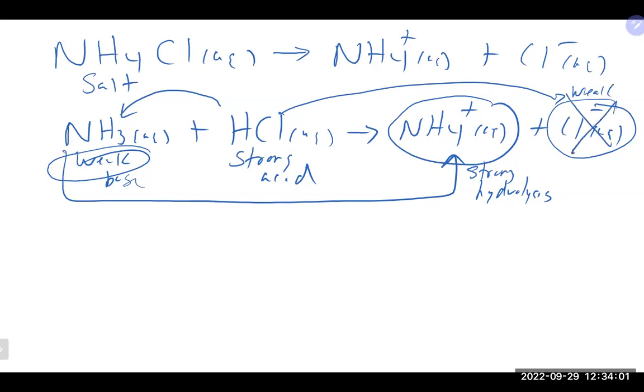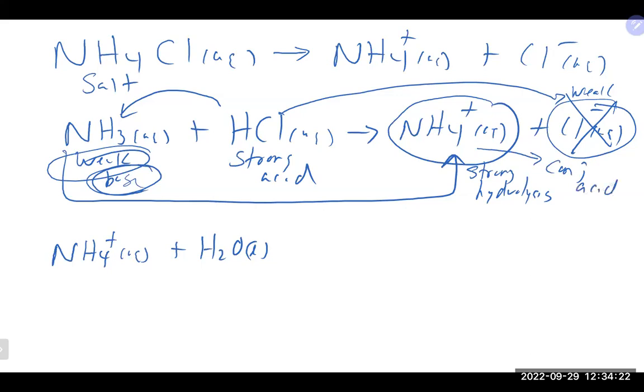That means in this particular case, it's the NH4+ that's actually going to continue on to react with water. And that would be our reaction here. We would take our NH4+, react it with some water. And once again, because it comes from a weak base, the NH4+ would be its conjugate acid, which means it's going to act as an acid over here.